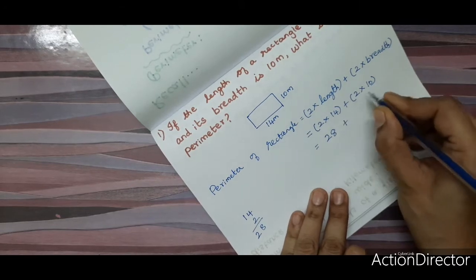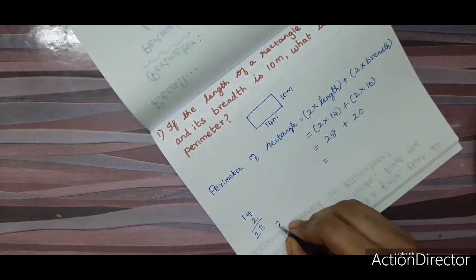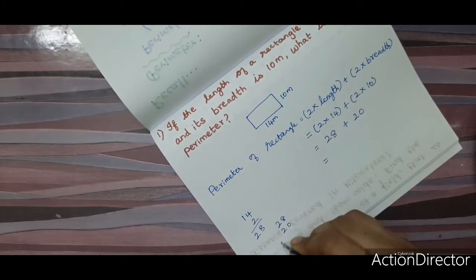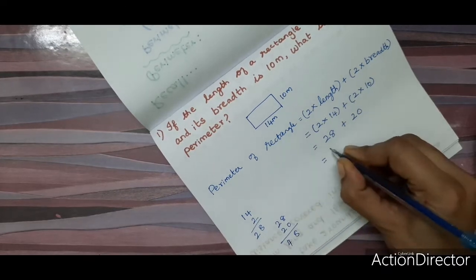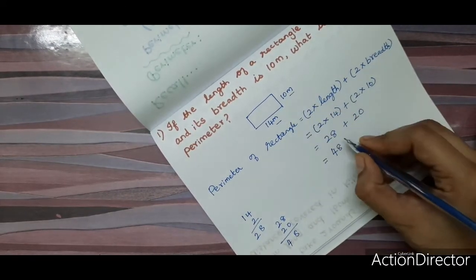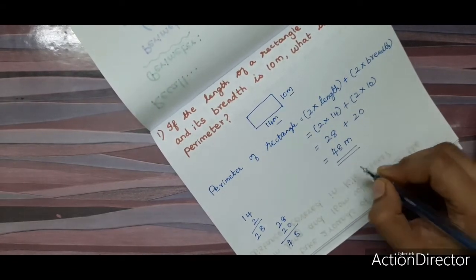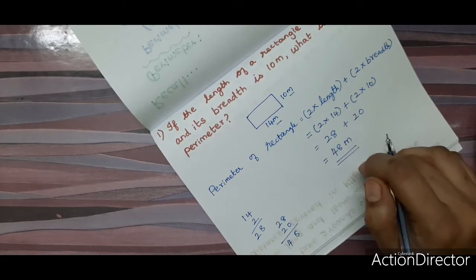Next, 2 10s are 20. If you add 28 plus 20, what will you get? 8, 2 plus 2 is 4. So the answer is 48. The values are in meters, so you will get meter in the answer. So this is the perimeter of rectangle.